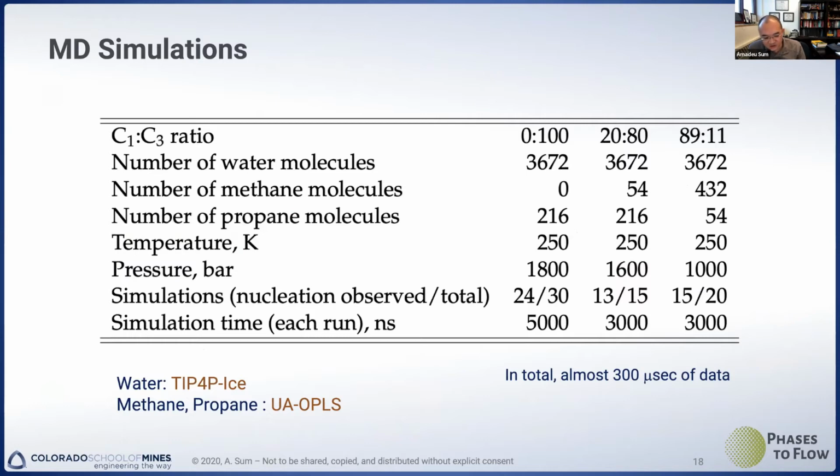And this is just a summary of the conditions and the number of simulations that we performed. Altogether, you can see that we have generated over 300 microseconds of data. One important point that I want to make is that for these studies, we do many simulations, not just one or two, right? You see that in total, we had done 30 for the pure propane, 15 for the 20-80 ratio, and then also 20 for the 89-11.